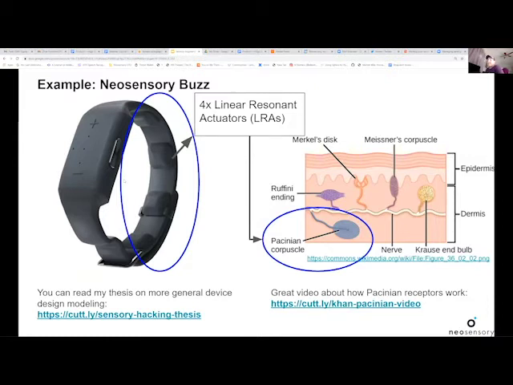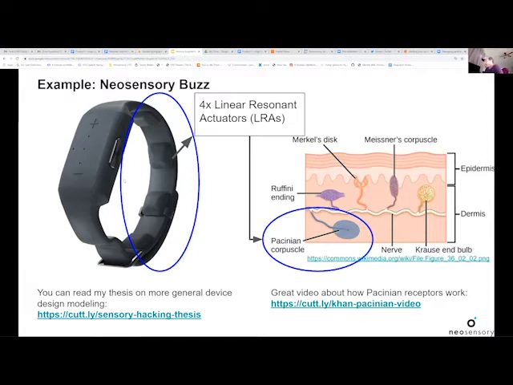LRAs vibrate at a fixed frequency, and they let you control the amplitude of the vibration. These LRAs are specifically designed for targeting a specific type of sensory receptor in our skin called the Pacinian corpuscle. It's a type of mechanoreceptor that picks up on vibration, which is what LRAs do.